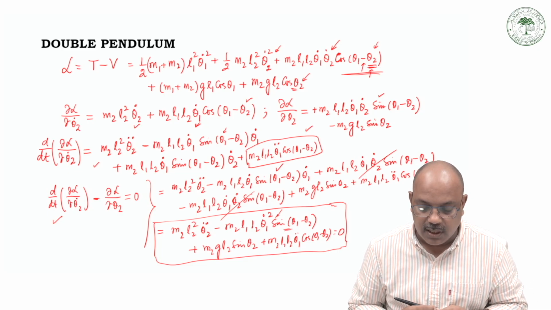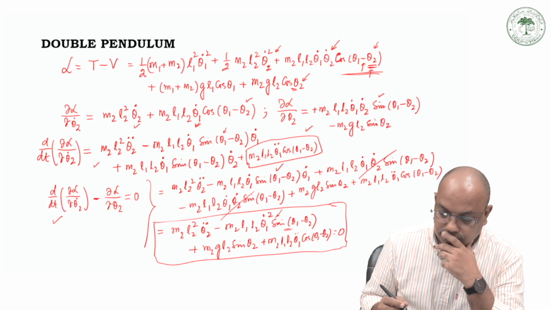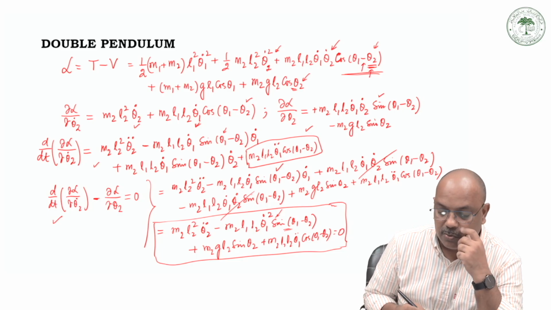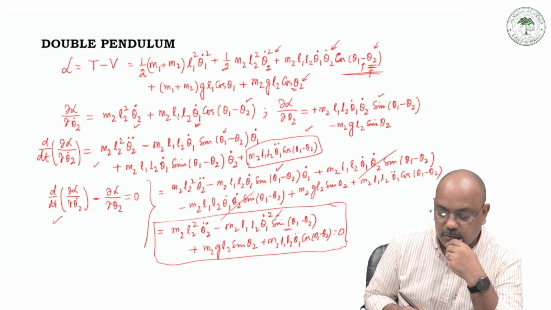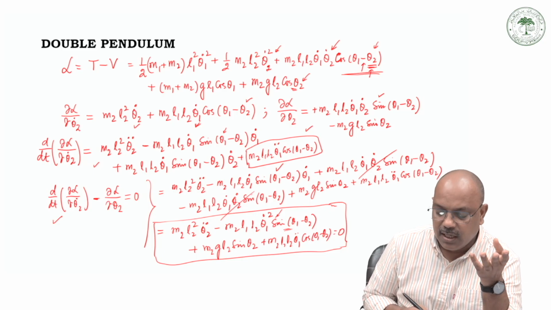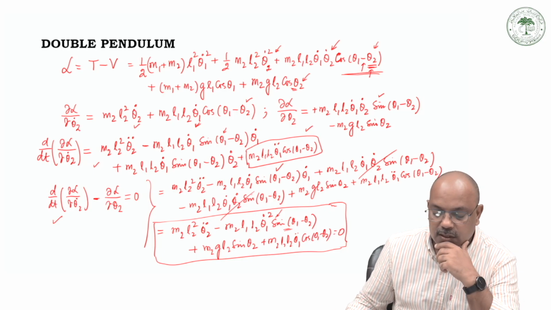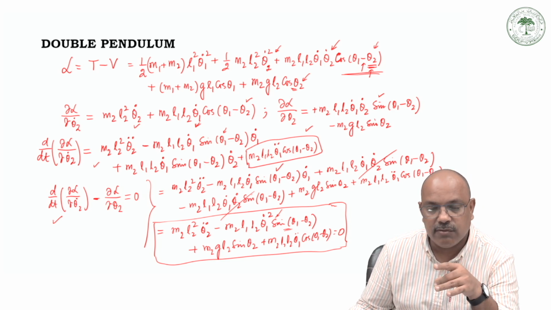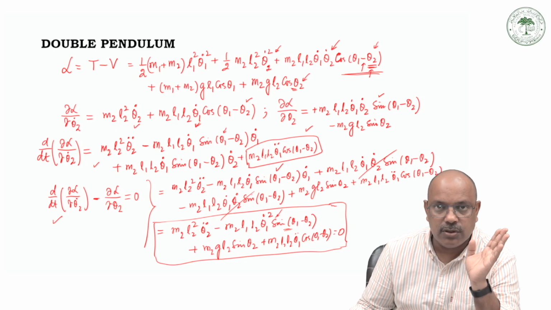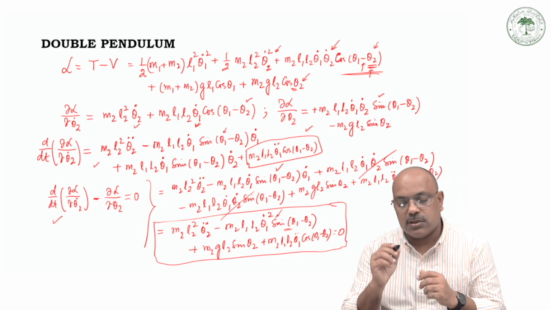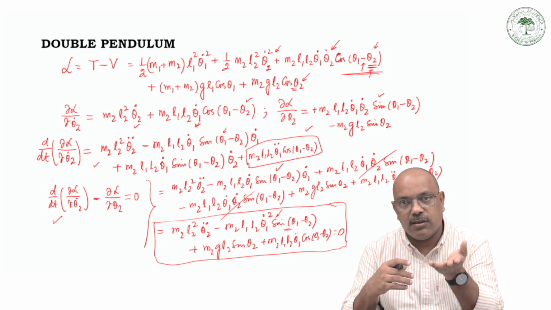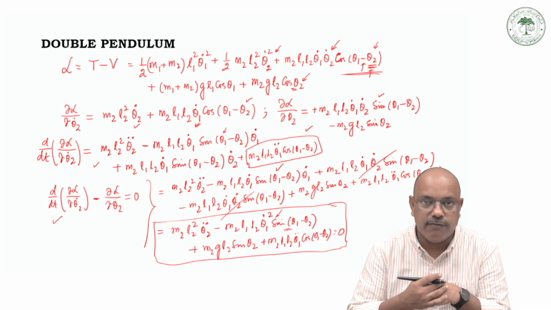And you see, again, under some simple conditions, when you put theta 1 equal to 0, or a small angle condition, as I told you in the previous class, where the equation I had written correctly but twice, under small angle conditions, and when you put either theta 1 dot equal to 0 or theta 2 dot equal to 0, those individual conditions give you either a pendulum with mass m1, or the second pendulum with mass m2.